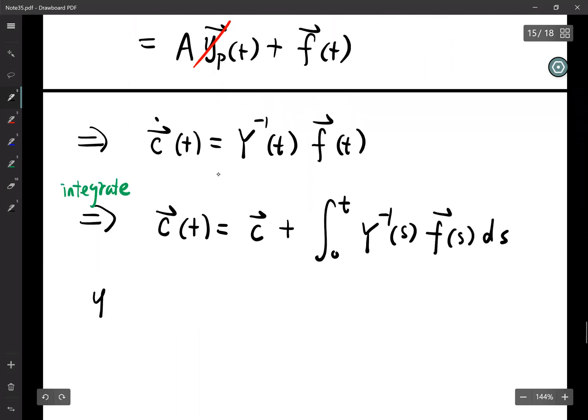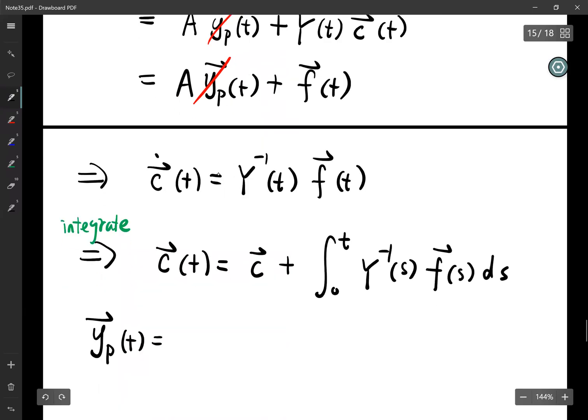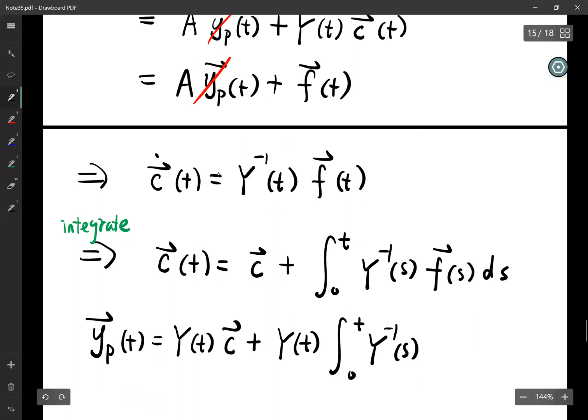And therefore, y_p(t) is equal to Y(t), the fundamental solution set, times the vector c, plus Y(t) times the integral from 0 to t of Y^{-1}(s) f(s) ds.